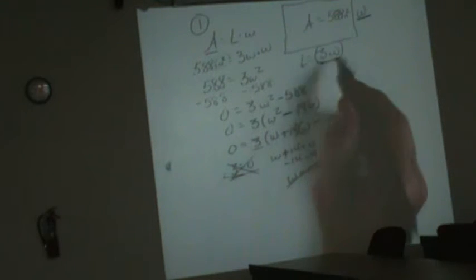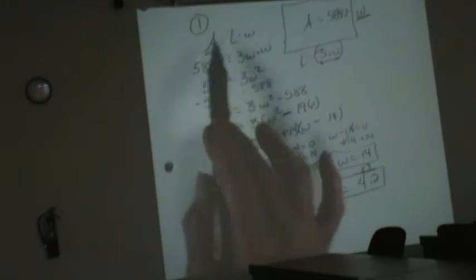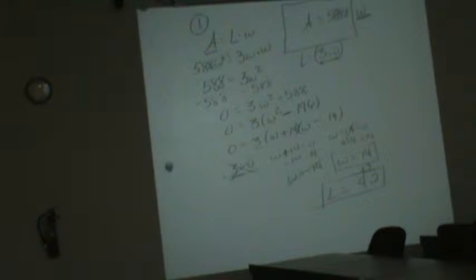Multiply 14 times 3, which is 42. To check, remember the area is length times width, so you could multiply 42 times 14 and make sure it comes out to 588.